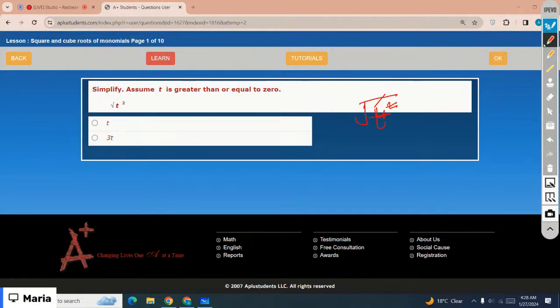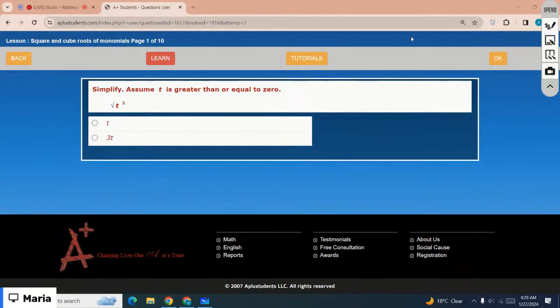Got it? Yes, the correct option is t, right? Because 2 and square root cancel out each other, you are left with just t.